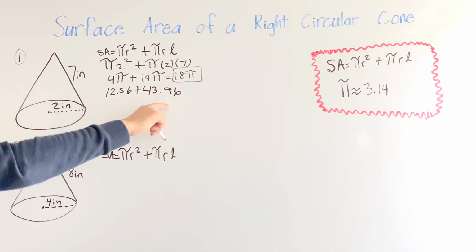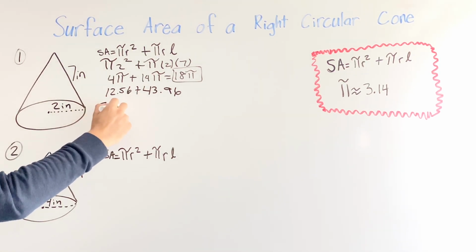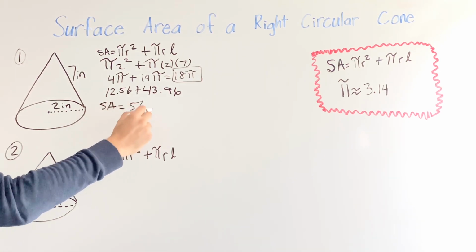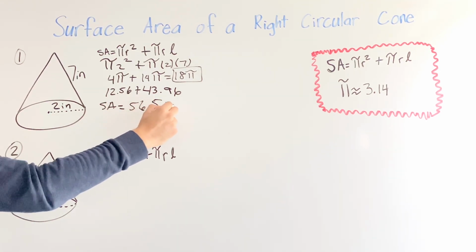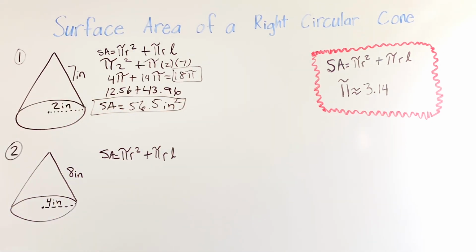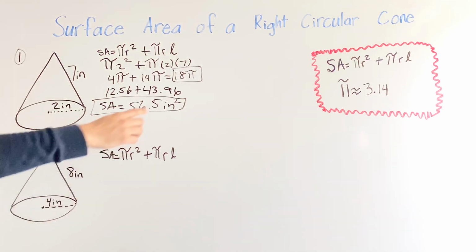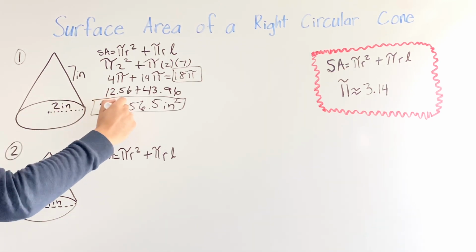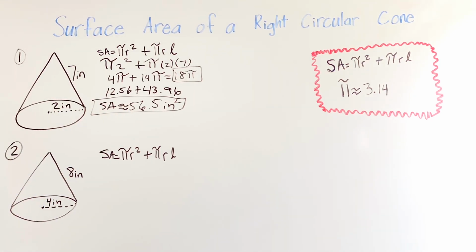When we add that, our surface area is going to be 56.5 inches squared. Remember, you can answer it either way, it depends on your teacher. You can have it as pi, or you can solve it. And remember, we're solving it with pi as around 3.14.